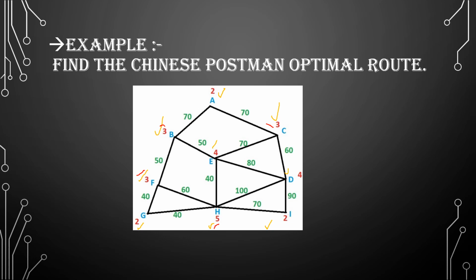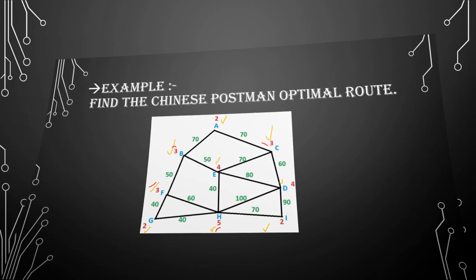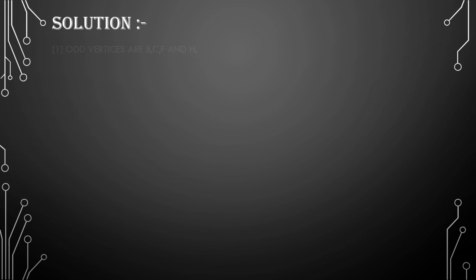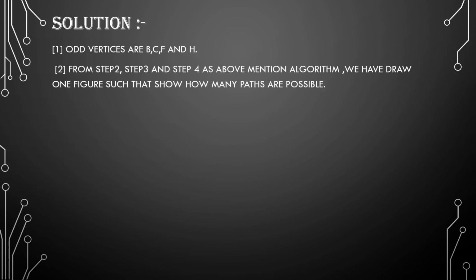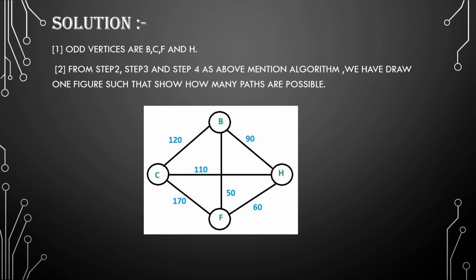Let us move to the next slide. In the next slide we show the odd vertices B, C, F, and H from steps 2 and 3. Above, we have drawn one figure. In step 3 and step 4, we found the minimum distances between these vertices.